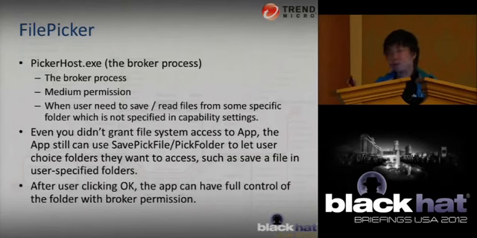So the user has to click OK, such as to save files in user-specific folders, like the download folder or the desktop. After the user clicks OK, the app can have full control of the folder with the broker process permission. That's why our app can have access to the download folder, and we can take full control of the folder.